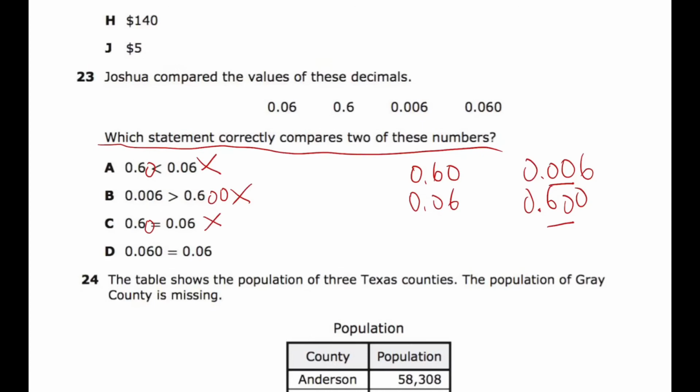Nope, definitely not true. And then I have 6 cents is the same as 6 cents, and so now what I need to do is fill in my 0, and yep, those are exactly the same. So 23 is D for the answer.